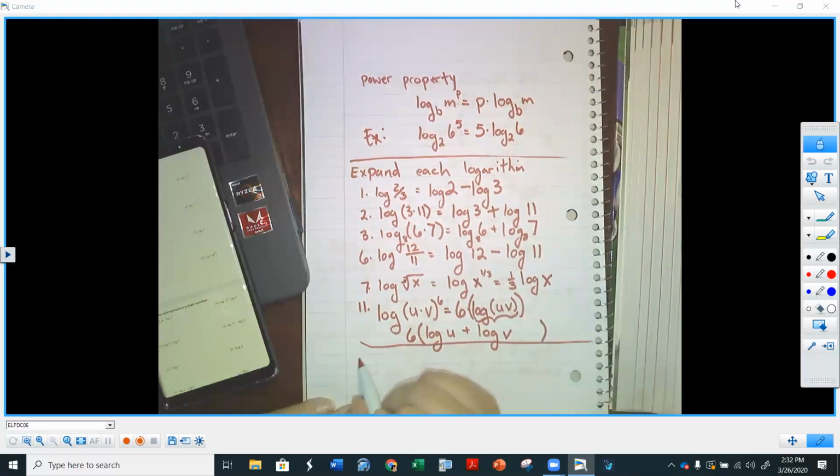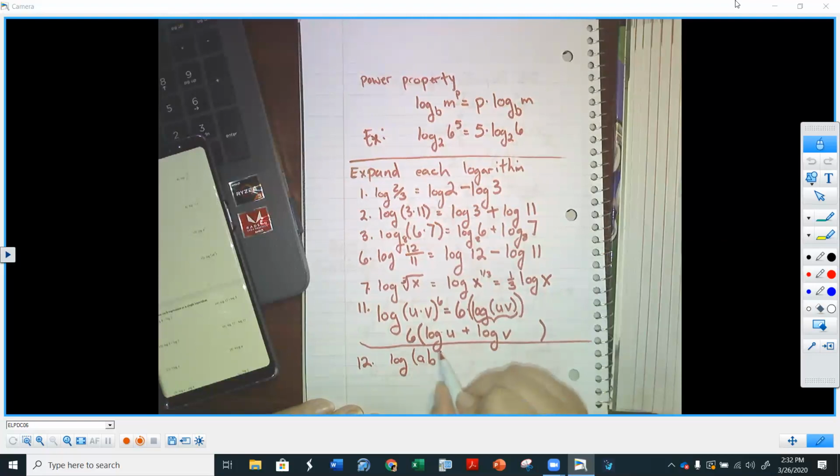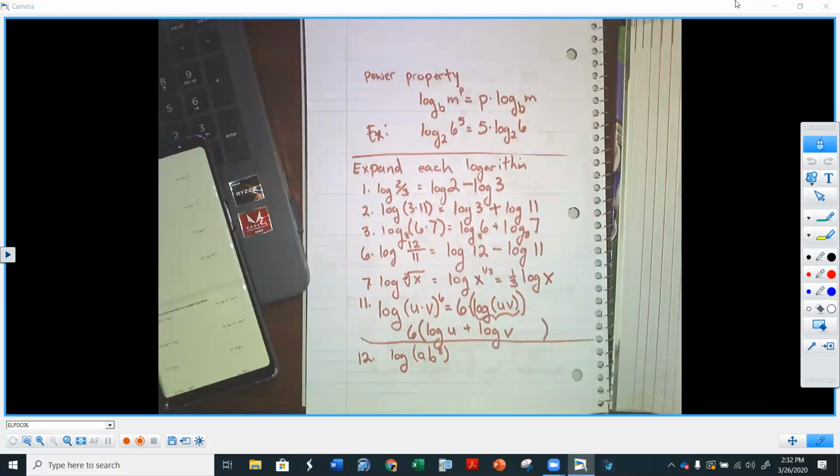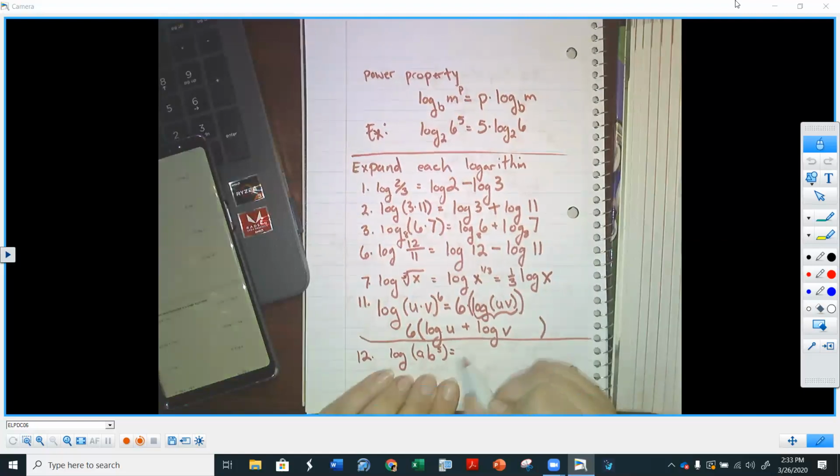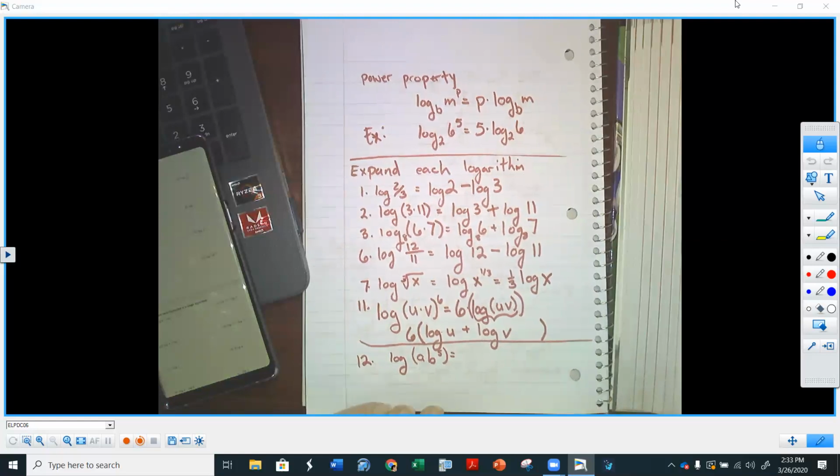Let's do one more that looks similar, but not quite the same. So I have log of a times (b to the 5th power). Definitely let me know if you can't see it or if I need to write bigger. The multiplication is the first thing I need to take care of.